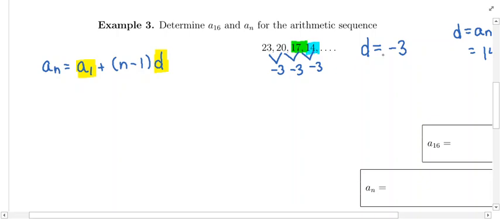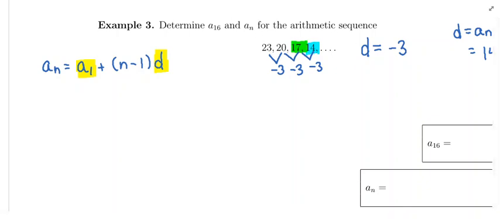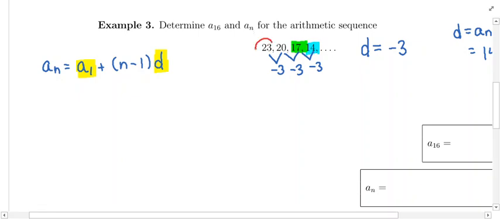And the great thing is we know both of those values. We know the D value is -3, and we also know the A1 value. A1 is the first term in the sequence. This is A1. So let's just plug these in. The nth term in the sequence is going to be A1, which is 23, plus n minus 1, which will stay n minus 1, and make sure to use those parentheses. You're going to multiply this by D, which is -3. You should simplify.